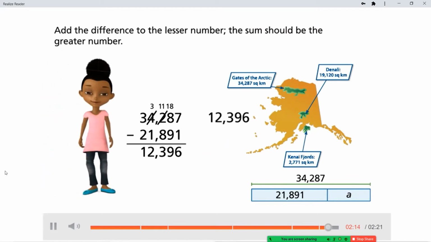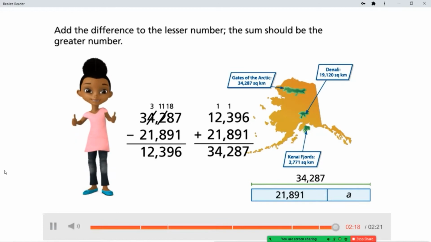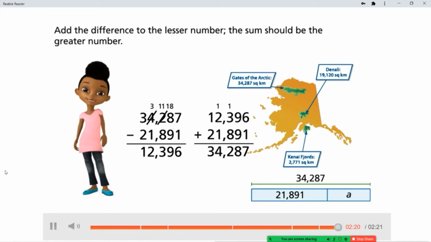Add the difference to the lesser number. The sum should be the greater number. So take a look at how they stacked it. They put the difference over here, the answer, plus the small number that they subtracted. Now, if this sum, the answer you get here, matches the original number you started working with, your largest number, then you know you did your math correctly.